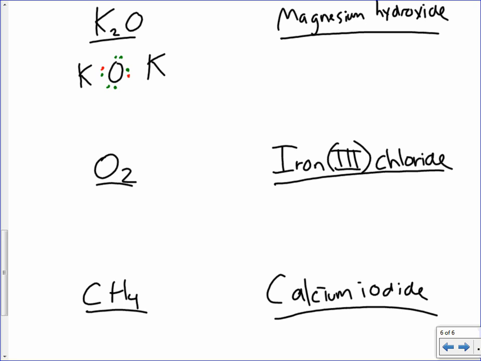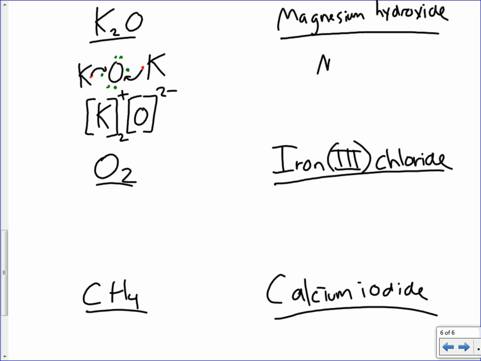Now I realize on your notebook paper, you can't quite move these dots around, and if you can, that's really cool. So if you just want to do it like this to symbolize it, this is fine, because you're going to rewrite it anyway. Okay, so that's all we got. We're good there. So you write your answer. K plus, and there's 2 of them, and O 2 minus. There you go.